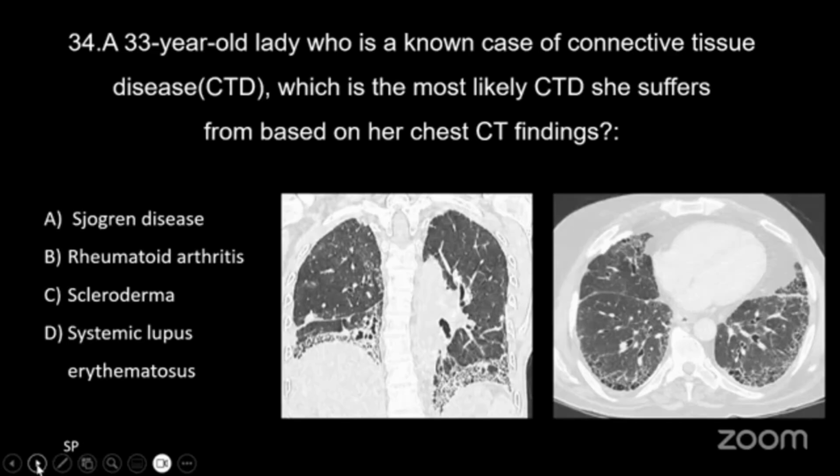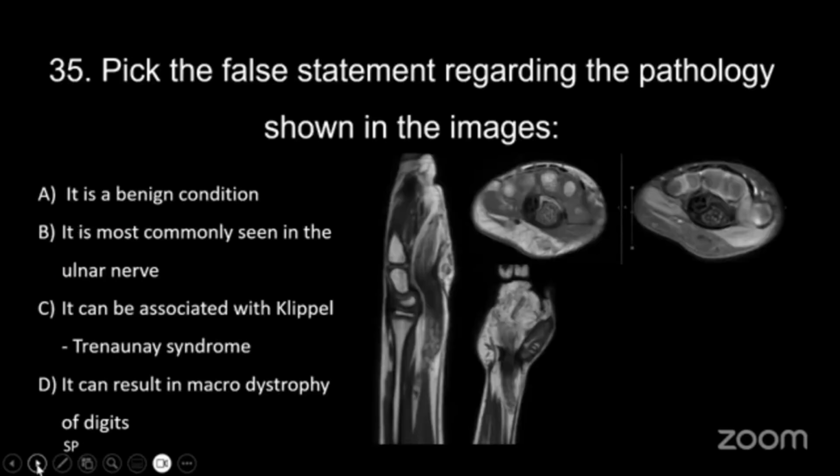With the given images, whether rheumatoid arthritis or scleroderma, presence of subpleural honeycombing favors rheumatoid. Here median nerve is involved with compression syndrome in a case of fibrolipomatous hamartoma, which can be associated with Klippel-Trenaunay syndrome and macrodystrophia.